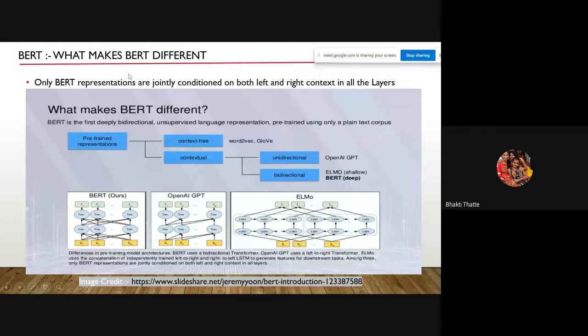So the answer for this question is, only BERT representations are jointly conditioned on both left and right context in all the layers. And this is needed for a system like a question answering system or chatbot. So in every layer we need to have the context from the right as well.